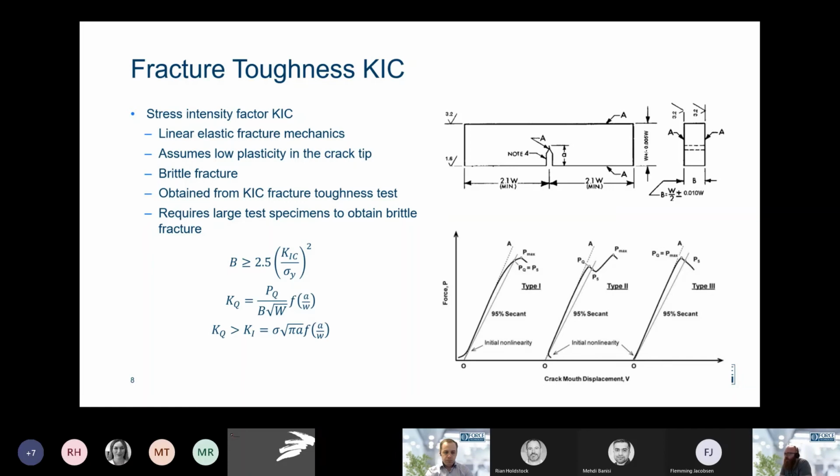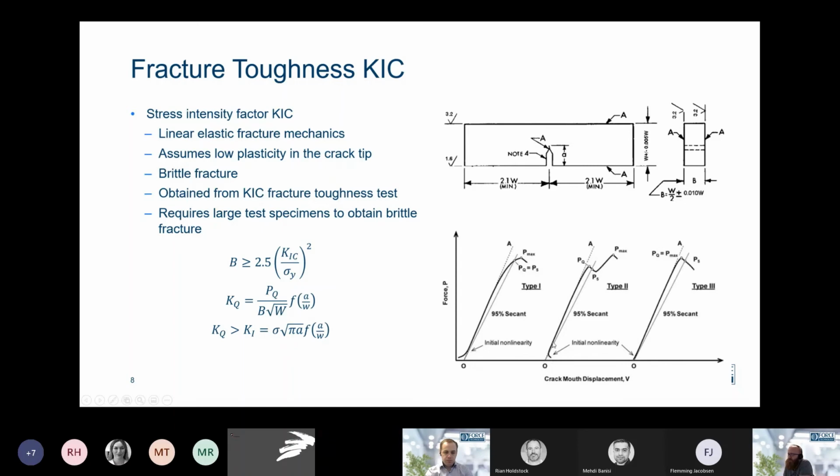KQ, or K1C if it's a valid test, is then based on the load that you apply at fracture, or as you can say PQ. If you look at the sketch on the right, there are different ways that the fracture toughness test can end. One is that we have a little bit of plasticity, so we get some nonlinearity in the curve, and then the PQ is based on the 95% secant line here.